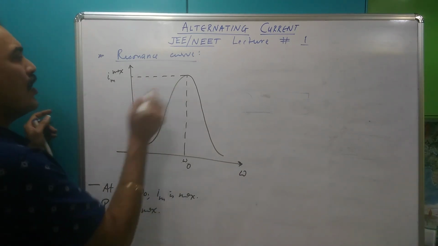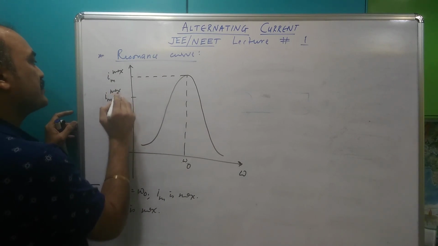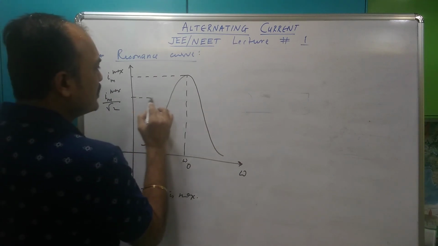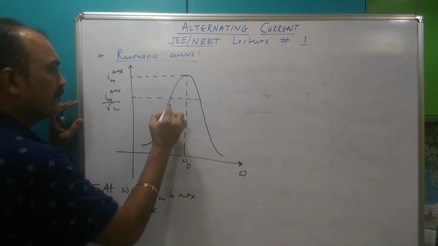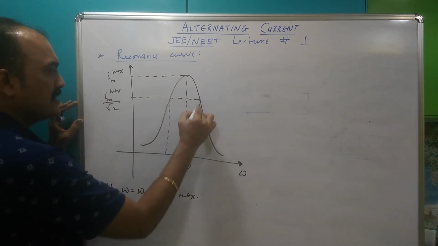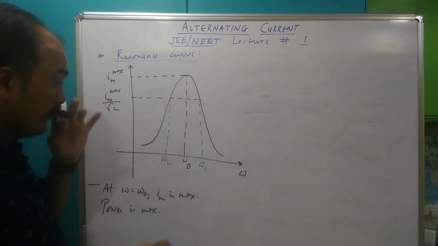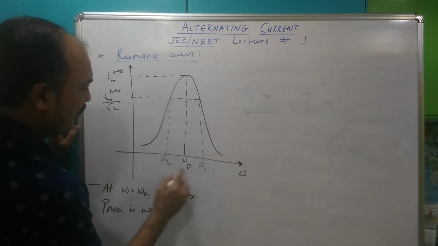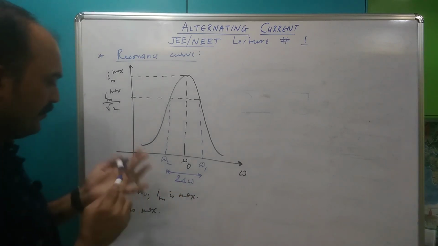but हमको आधा पावर चाहिए, तो आधा पावर comes at Im max by root 2, आधा पावर है. And when I do this here, I see that दो और frequencies मिल जाती है मेरे को, this and this. So this is omega 1, this is omega 2. This is called bandwidth or half power bandwidth. Call it twice delta omega.